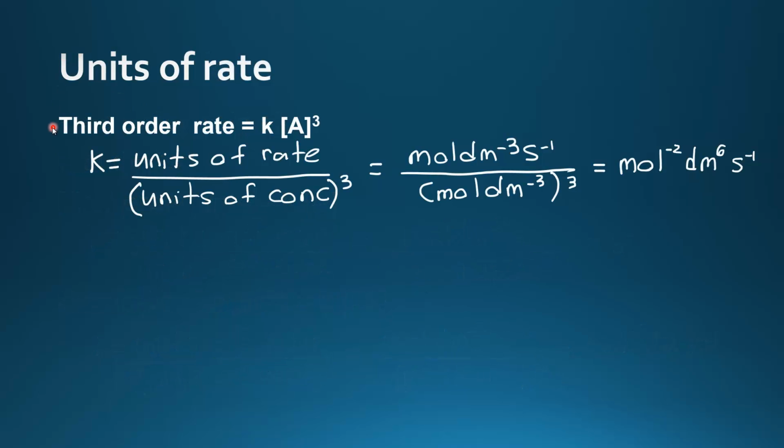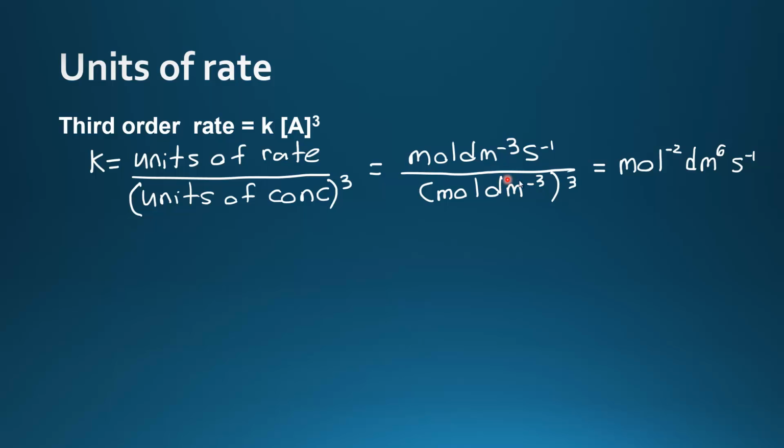And finally, for a third order reaction, rate equals k times the concentration of A to the power 3. So k equals units of rate divided by units of concentration to the power 3. So it's mole per decimeter to the negative 3, second to the negative 1, divided by mole per decimeter to the negative 3, to the power 3.